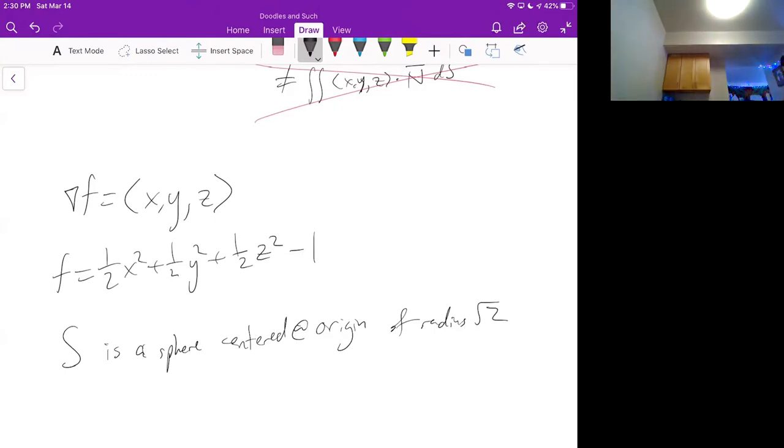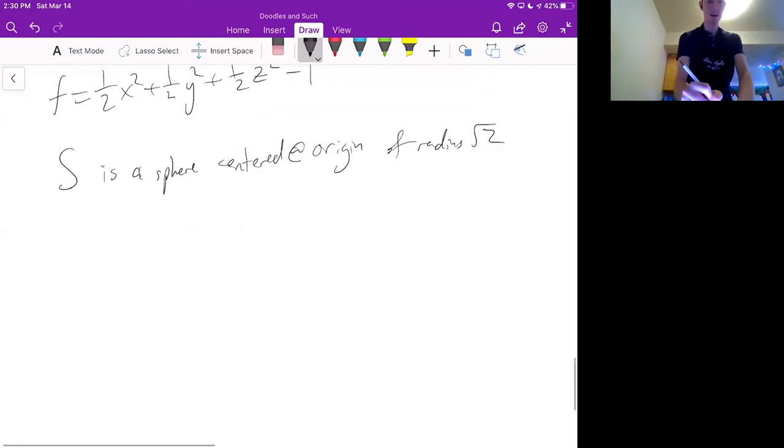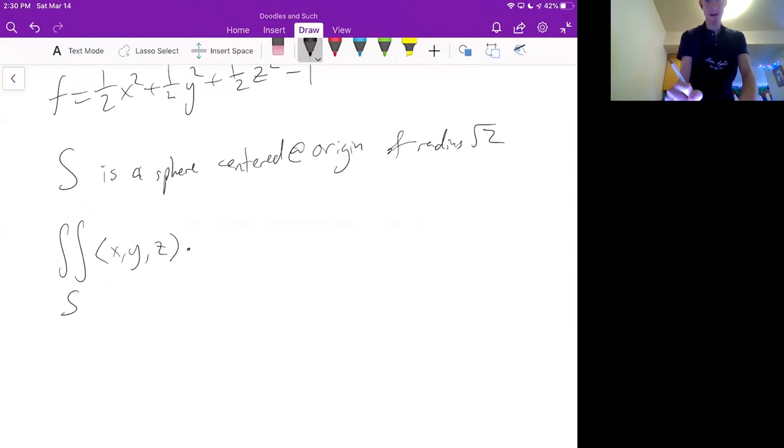Okay. And now part A tells me that the flux of the gradient through that sphere has to be non-zero, right? So we know now that the integral of x comma y comma z dS is not 0.